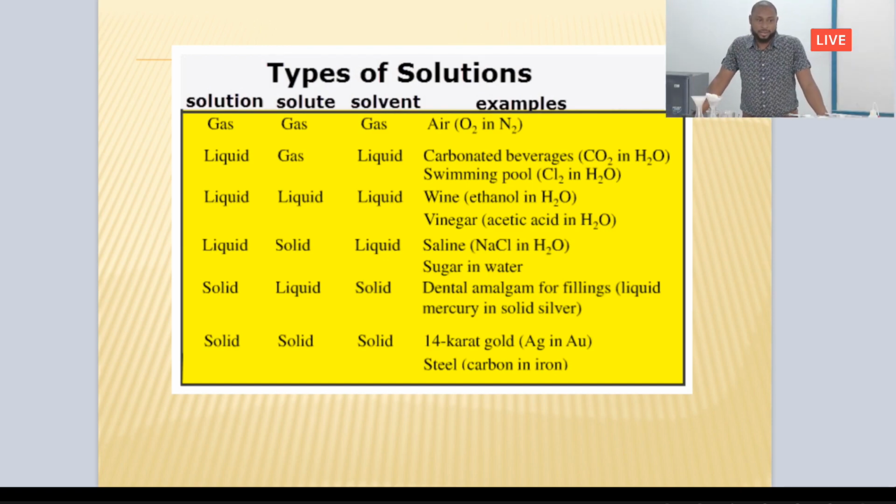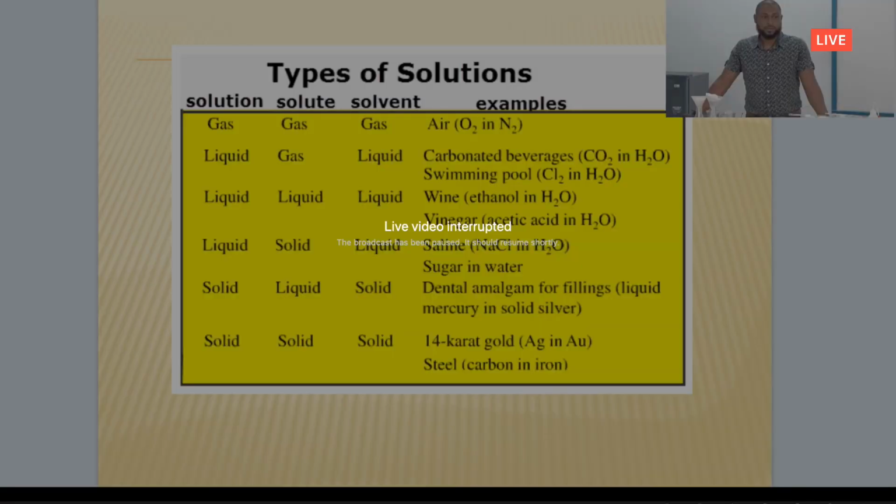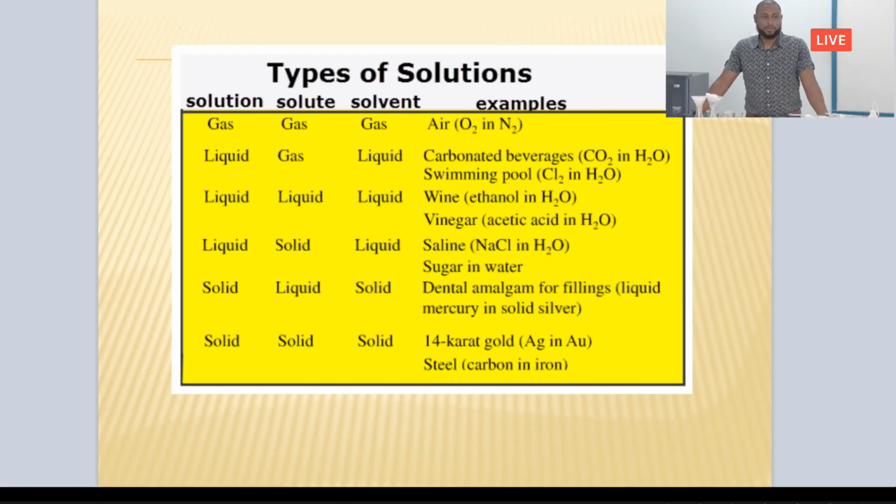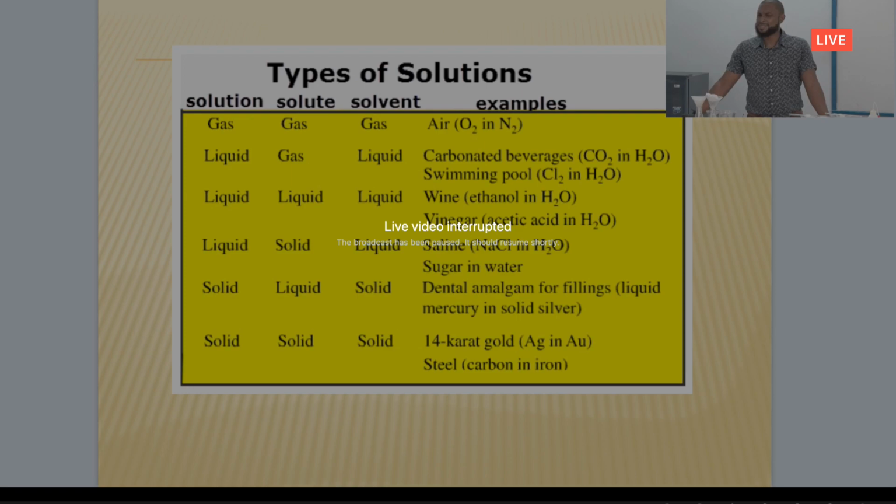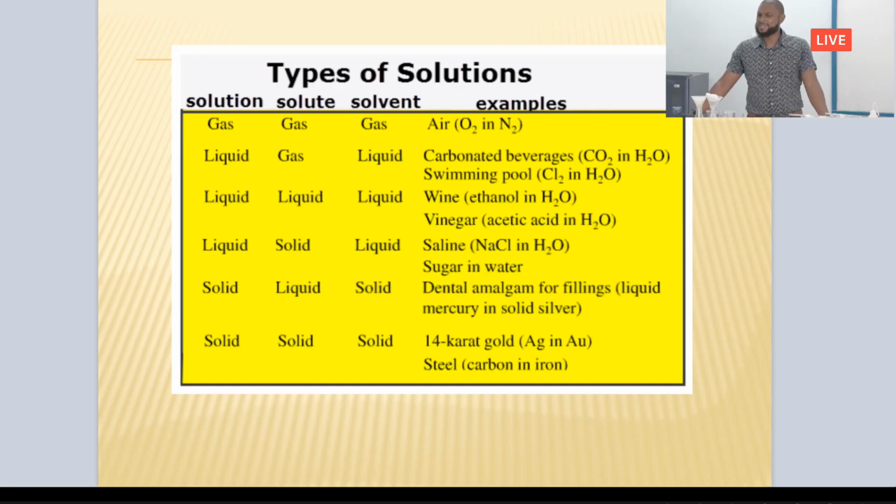We have an example here of oxygen and nitrogen. We all know that the air is 21% oxygen, 78% nitrogen, and 1% other gases, which includes carbon dioxide, water vapor, and noble gases.